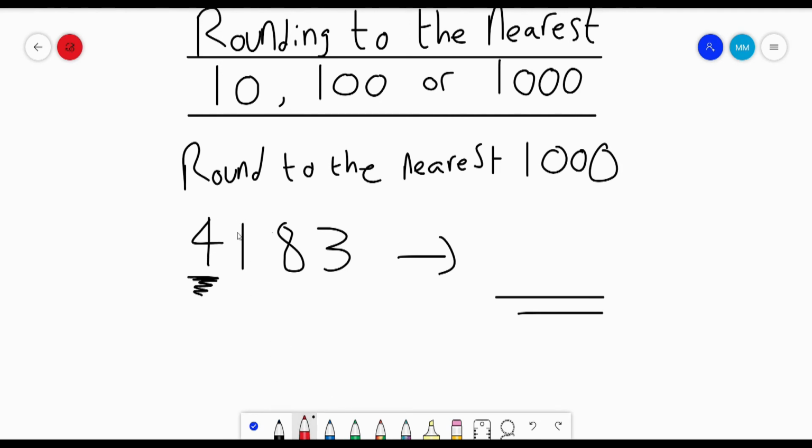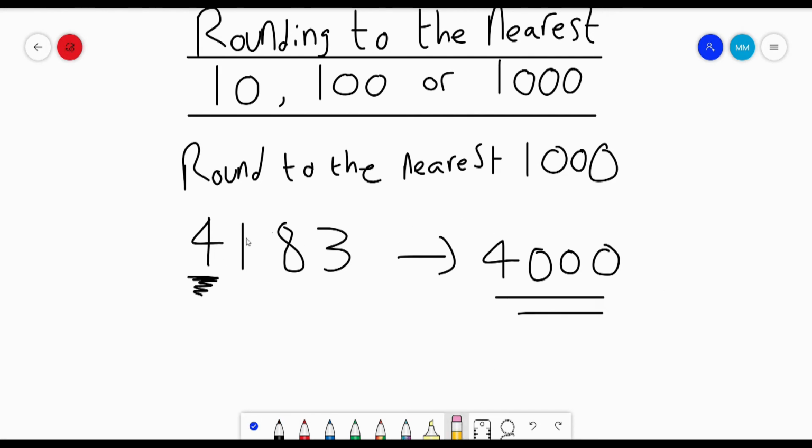Is 1 worth 5 or more? No, it isn't. So the 4 stays the same. It does not go up by 1. So 4, and everybody else turns to a 0 because they're all on the right hand side of 4. Done. That's it.